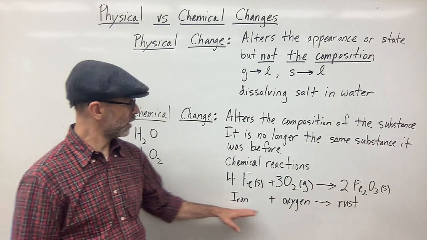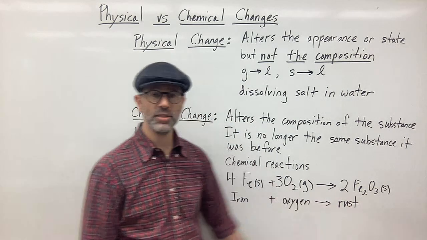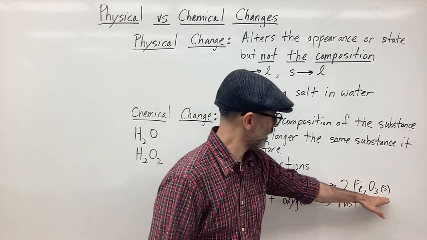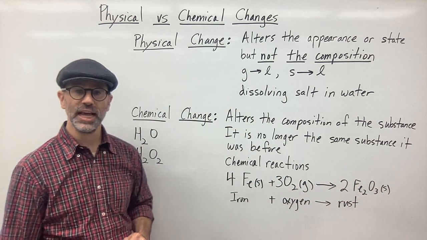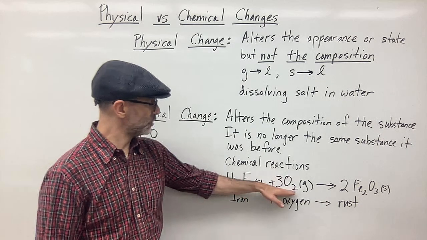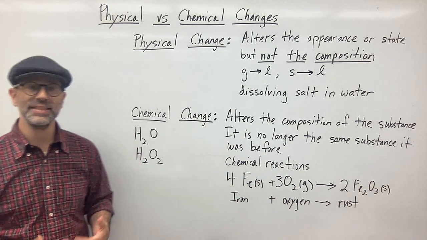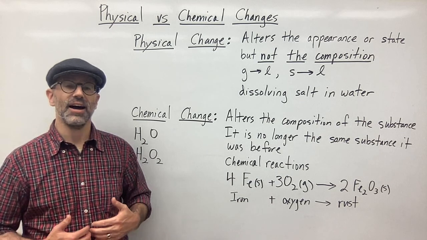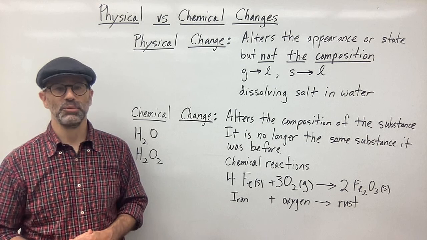So when iron is exposed to oxygen under certain conditions, it will then form rust. Rust is a different substance, as we can see from the formula here, from the iron and the oxygen from which it came. So iron and oxygen are forming a completely different substance. So this is a chemical change. So anytime you get a different substance from another substance, that would involve a chemical change.